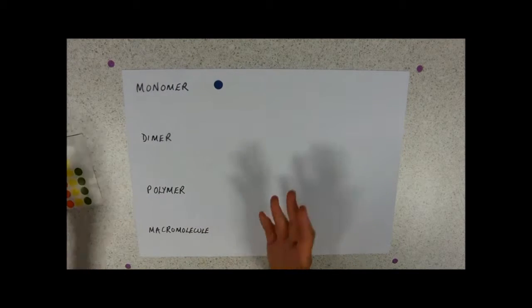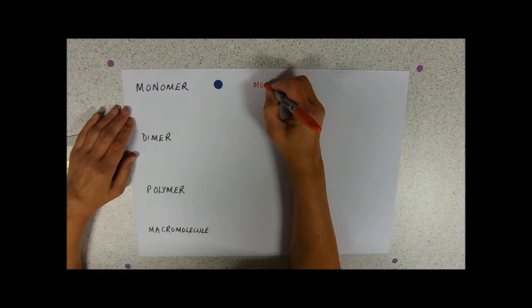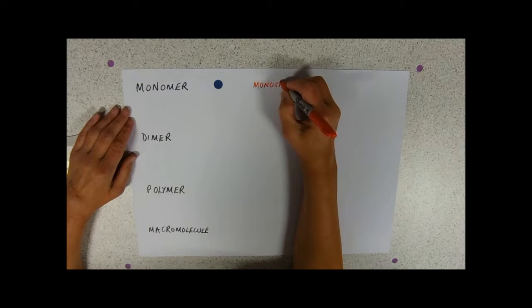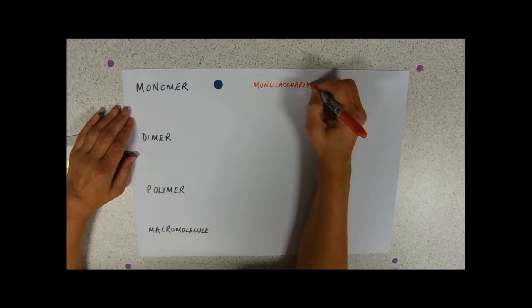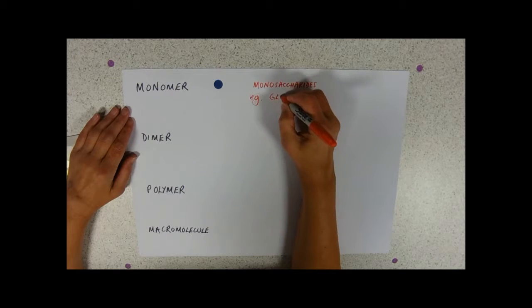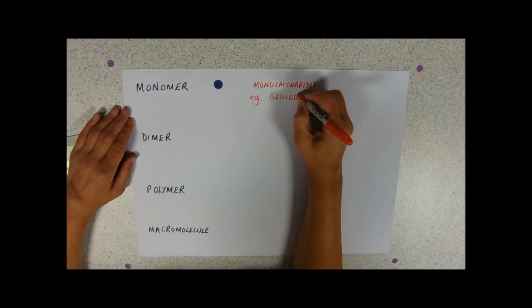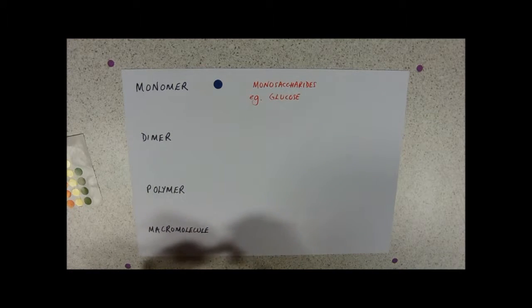In the carbohydrates, these are called monosaccharides, meaning one saccharide. These are the very simple single units of sugar, and a good example would be glucose. Other ones you might have heard of are fructose, and we will look at the monosaccharides in more detail.